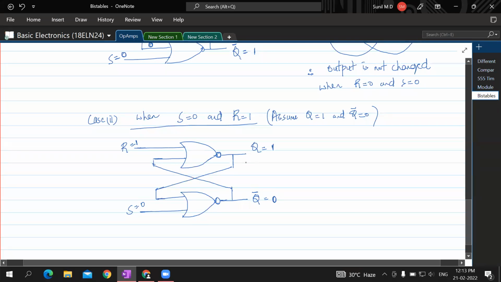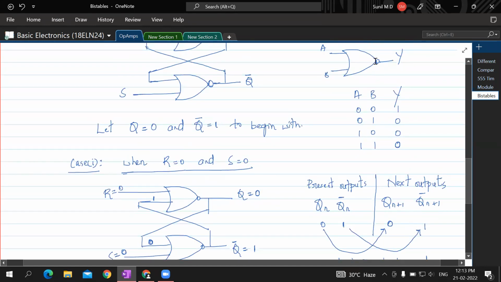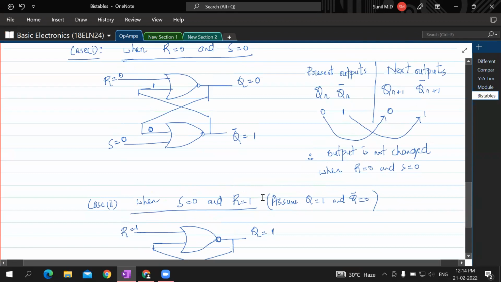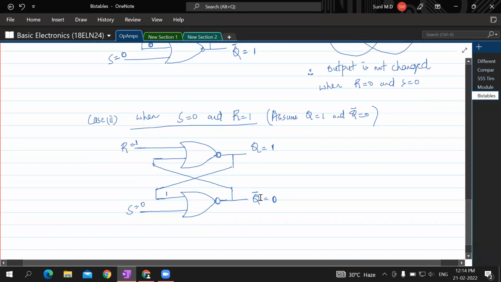So Q is equal to 1, so that 1 will come here. What happens if any one of the inputs is 1 for a NOR gate? If any one of the inputs is 1, the output is 0. So this Q bar is 0, and this 0 comes here.